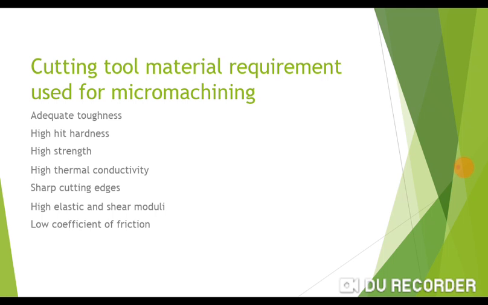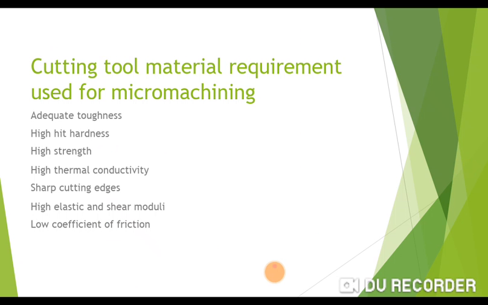Then it has high shear and elastic moduli which limit the deformation during machining. Then the thermal conductivity of the material is the highest, even at room temperature. High thermal conductivity carries away the heat from the machining zone at a faster rate. Also, diamond has a low coefficient of friction. So these are some of the properties of diamond.